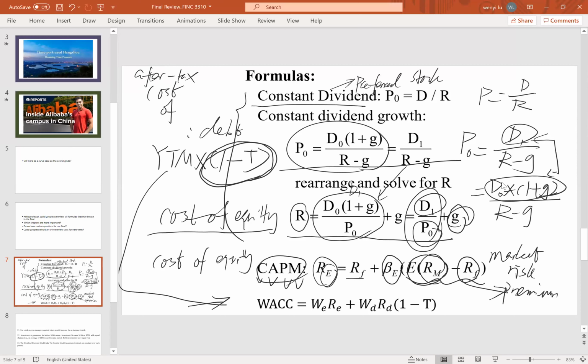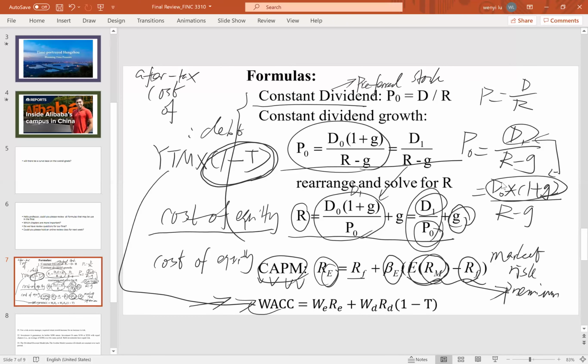So now we put them together. We use a comprehensive formula to solve the cost of capital for the whole firm: the weight of equity times the cost of equity, plus the weight of debt times the after-tax cost of debt.